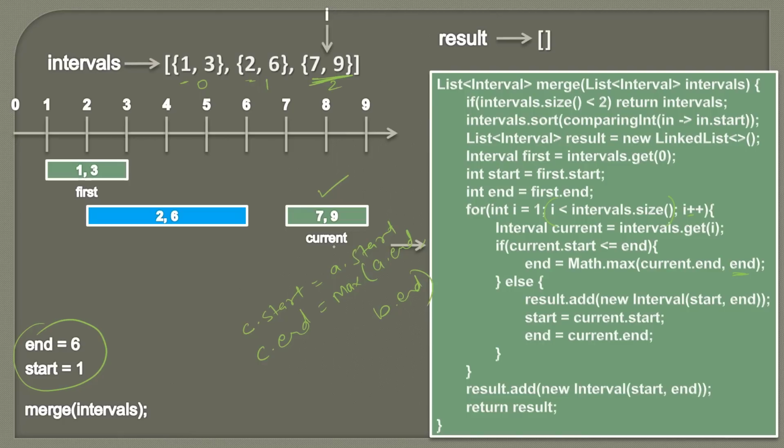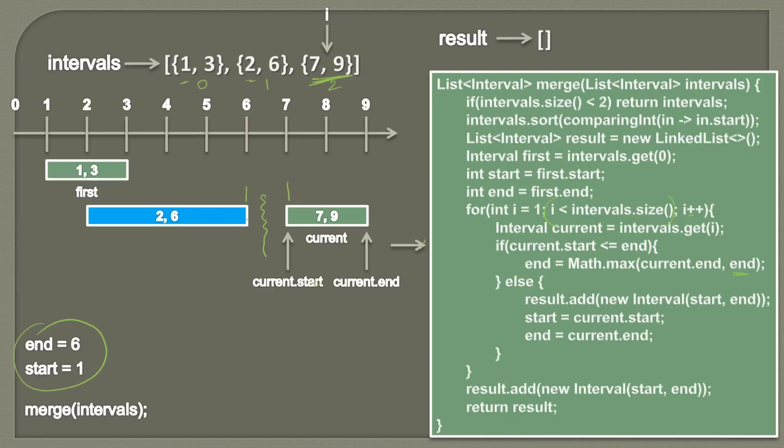So here if we see, current.start is this value and current.end is this value. Here you can see current.start is 7 and the value of end is 6. So it means current.start is not less than or equal to end, because the value of end is 6 and current.start is 7. So you can see there is a gap between these two intervals.